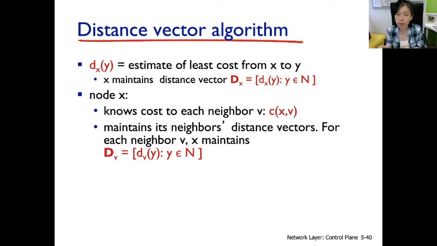But you also see in the previous example that the calculation of the Bellman-Ford is based on this information: cXV, the link cost from the source to each of the neighbors, and the shortest distance from each of the neighbors to the final destination. That is also saying the distance vector algorithm as a whole contains the Bellman-Ford algorithm.